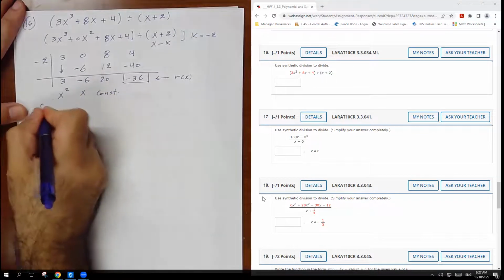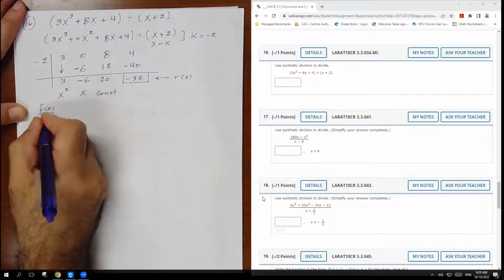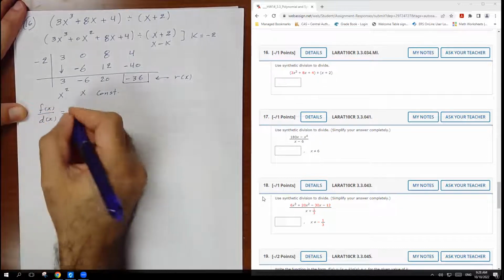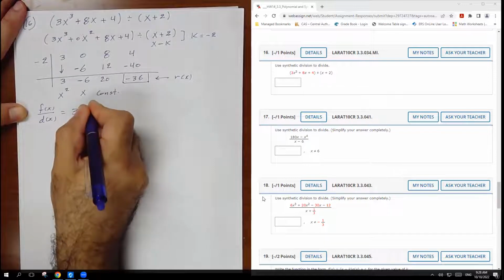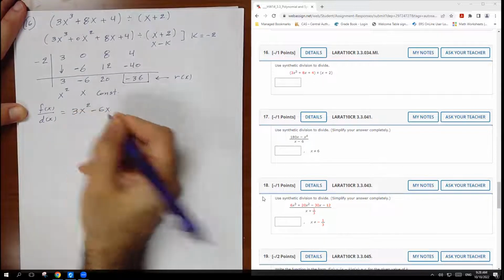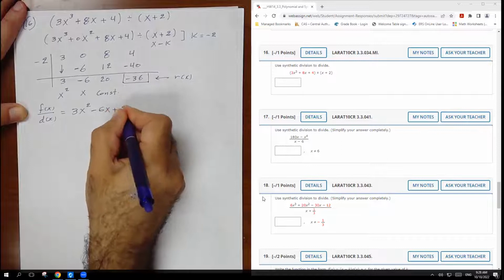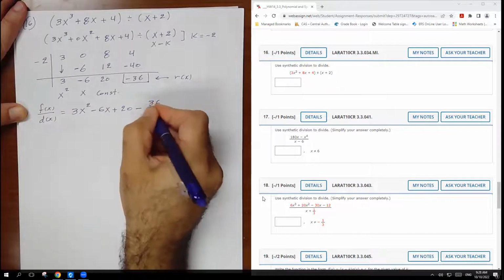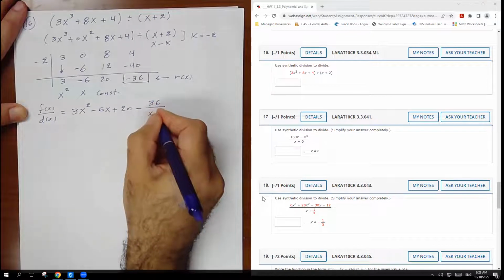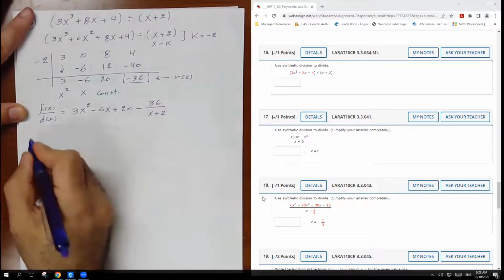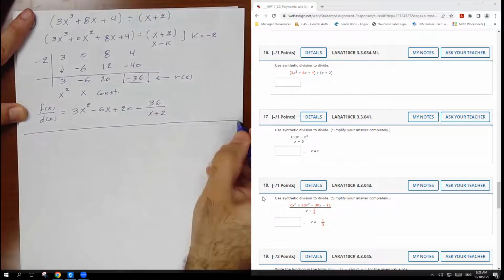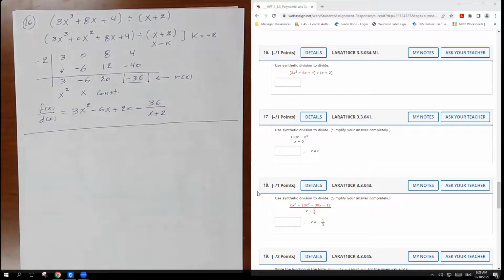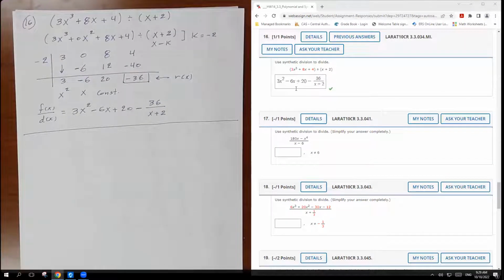That means f of x divided by d of x is going to be 3x squared minus 6x plus 20 minus 36, the remainder, over the divisor x plus 2. That's it for this example. Let's go to the next example.